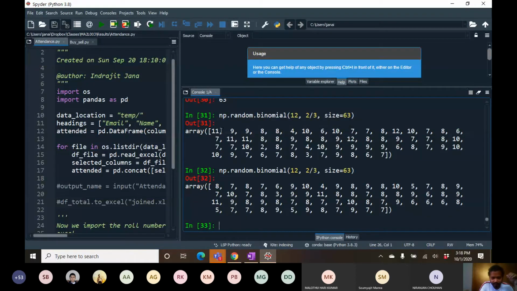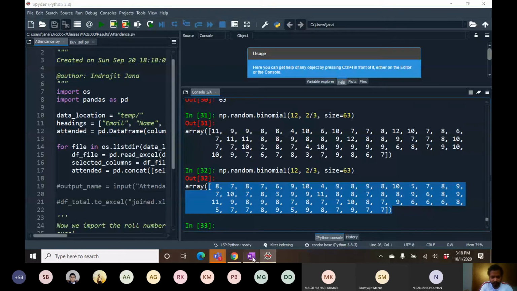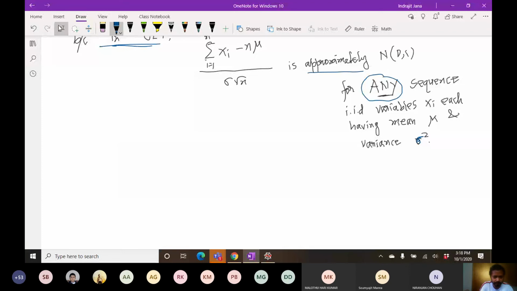For example, in the previous case, the first student got 11 heads, but when repeating the experiment, he got 8 heads. The fourth student got 8 heads in the previous trial, but when I asked him to repeat the experiment, tossing the coin 12 times, he got 7 heads this time. So let me copy this and put it in that OneNote, and I will write you something there.